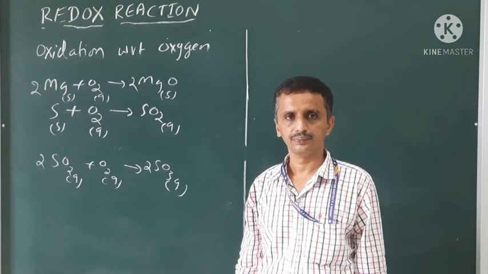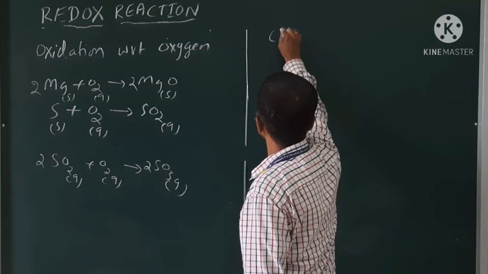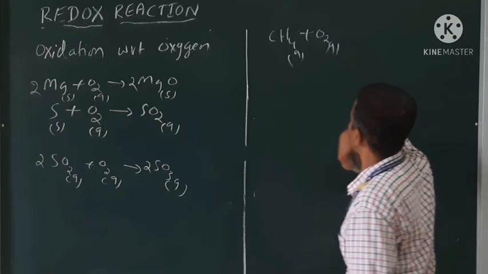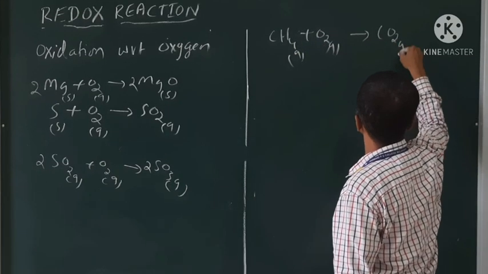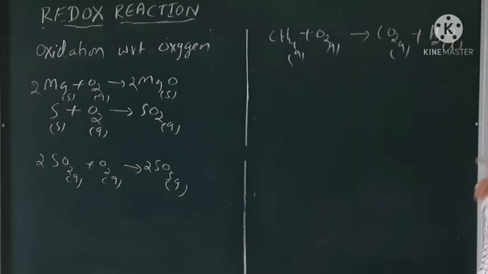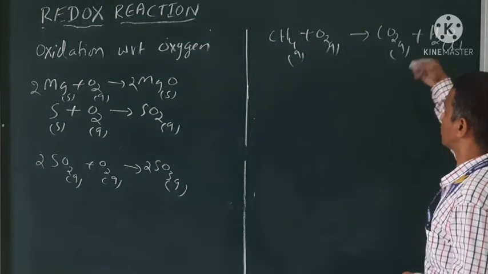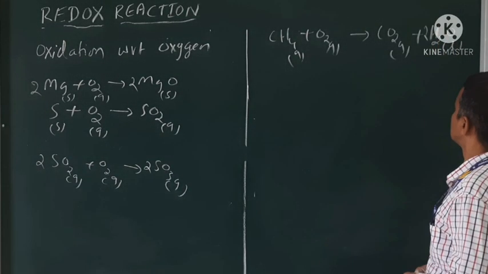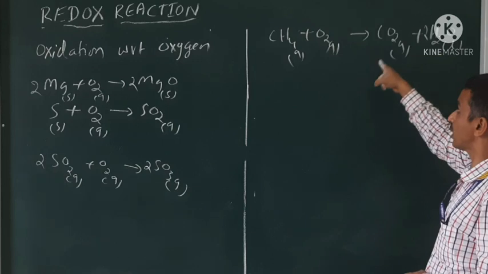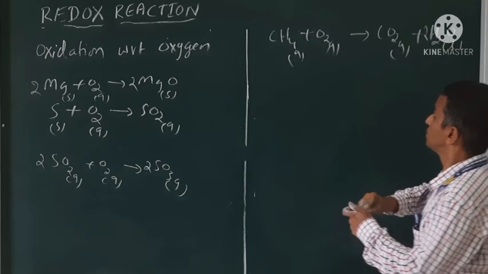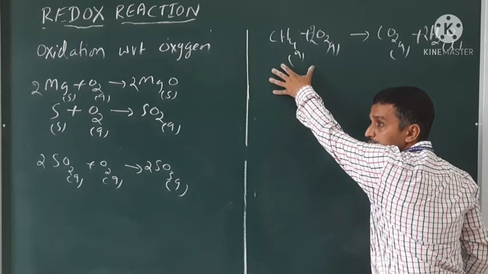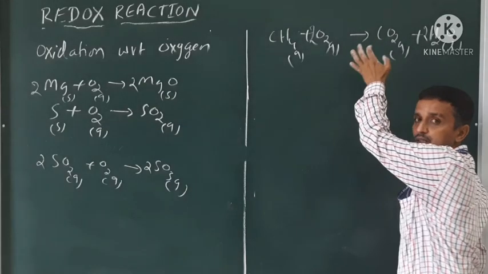Now take the example, CH4 plus O2 gas. This is methane, this is oxygen gas, giving carbon dioxide gas and water liquid. The equation is not balanced. Write down the balanced equation. Is it balanced now? 2 into 2, 4 hydrogens balanced, carbon is balanced, but oxygen is not balanced, so 2 O2. Here what is happening? This methane gets oxidized into carbon dioxide.